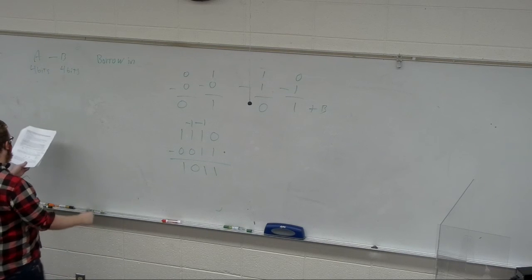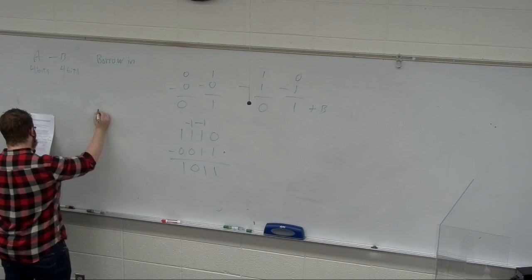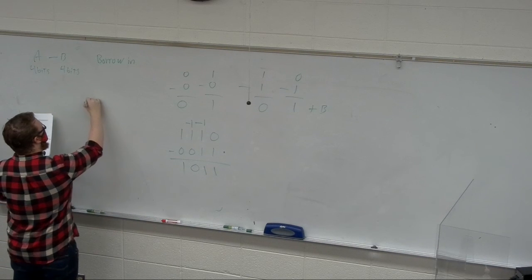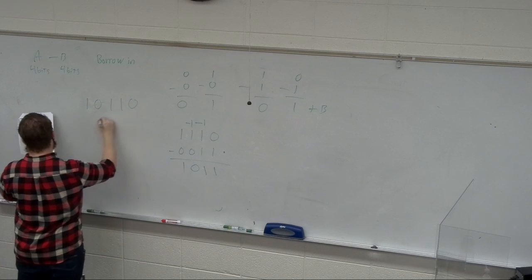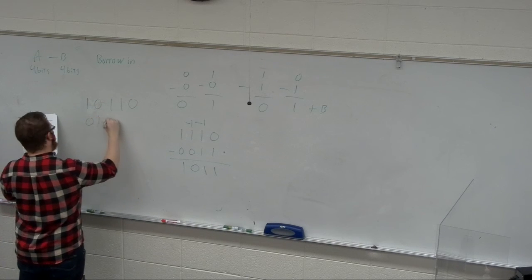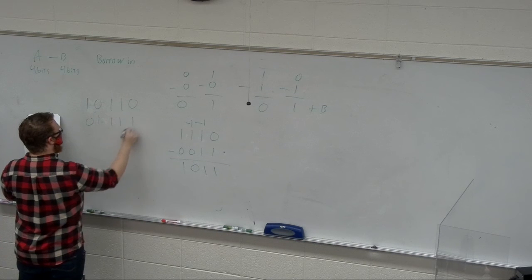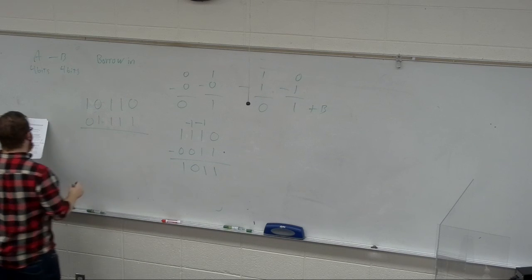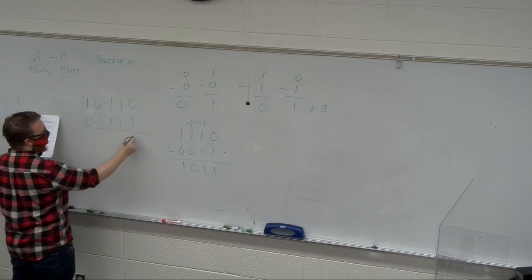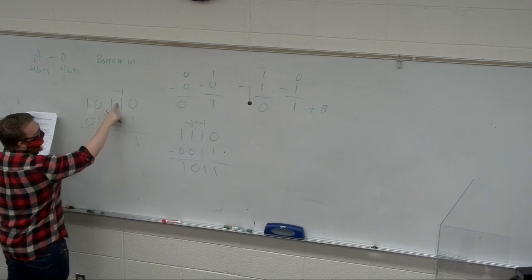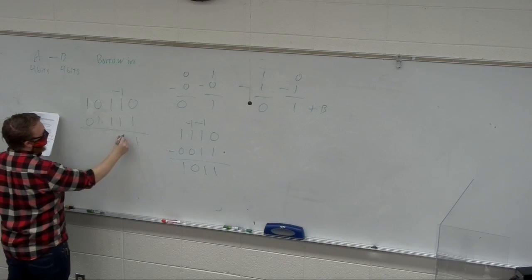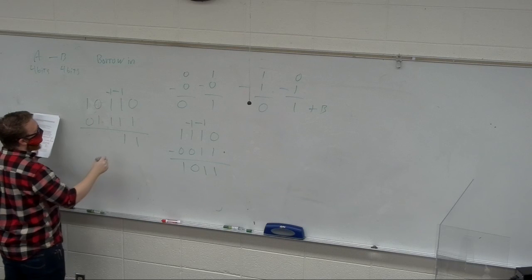A little bit more complicated one. This one is not in the book. If I have zero minus 1, 1 and a borrow. 1 minus 1 is 0 minus 1, 1 and a borrow.